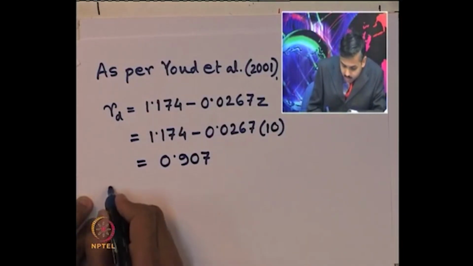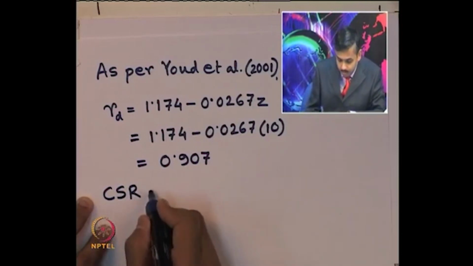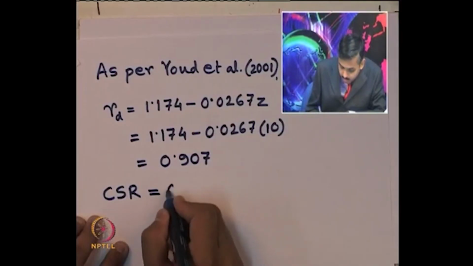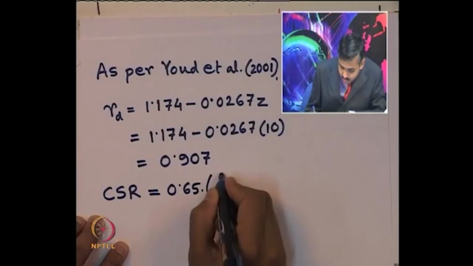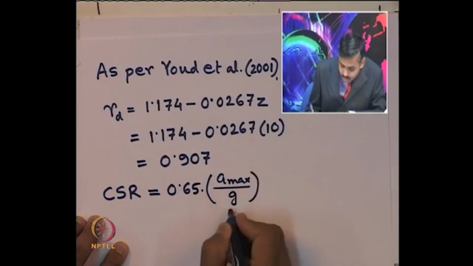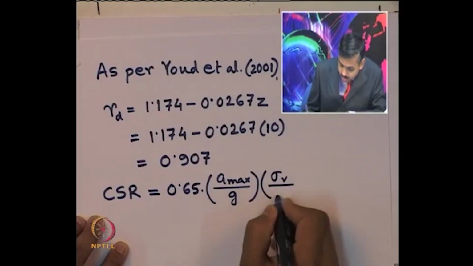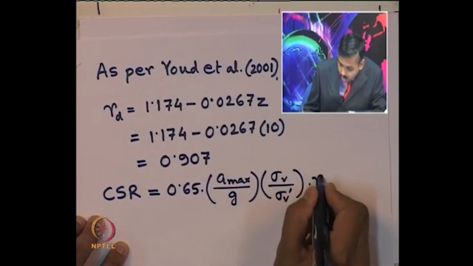And what is the expression for CSR, cyclic stress ratio, as given in this paper? We know CSR is 0.65 times A max by g, g is acceleration due to gravity, times sigma v by sigma v dash times R d.